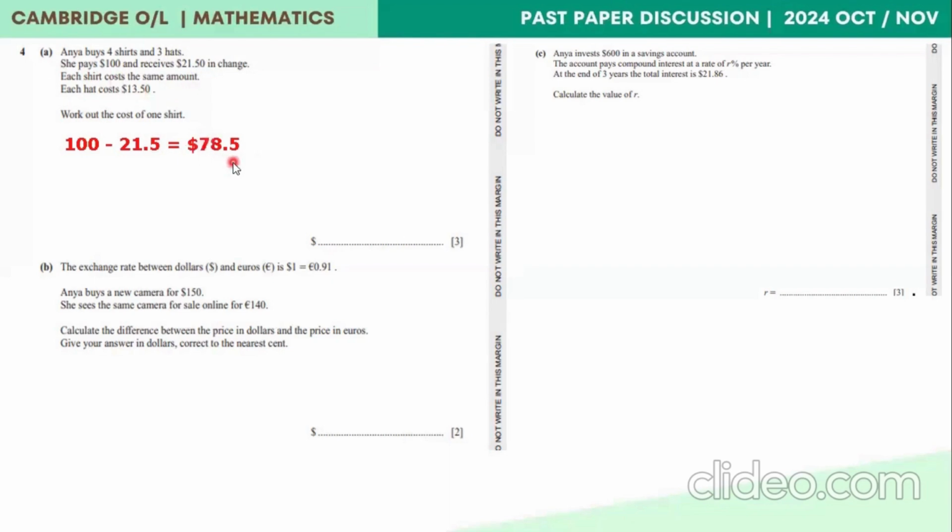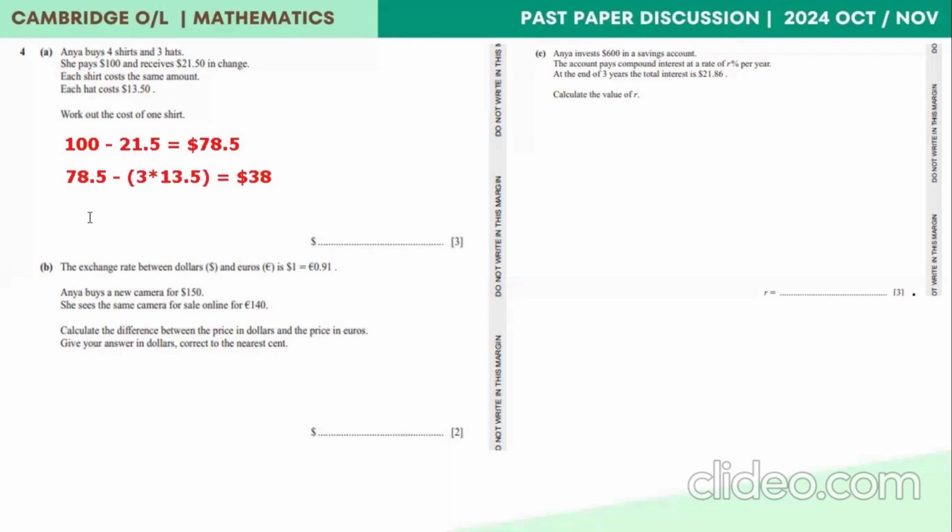So the total amount that has gone for 4 shirts and 3 hats is 78.5. Now they have given us that each hat costs 13.5, so we can subtract that from 78.5 as well. So 78.5 minus, she has bought 3 hats, so 3 into 13.5. That is going to be equal to $38.